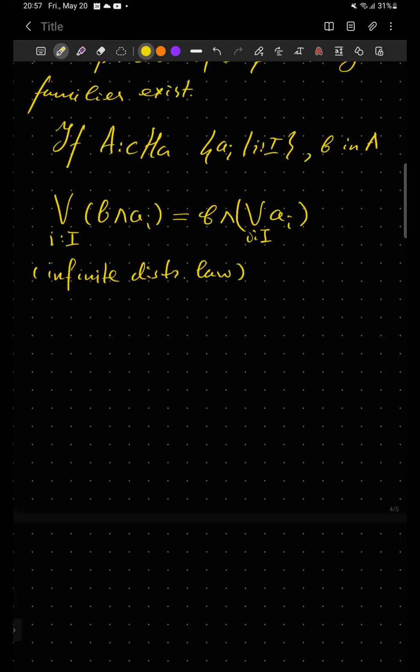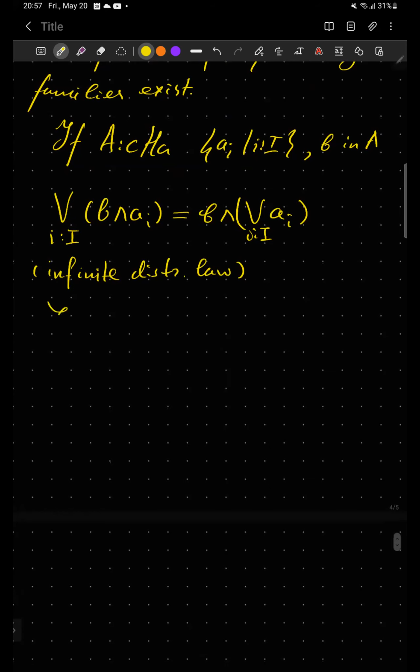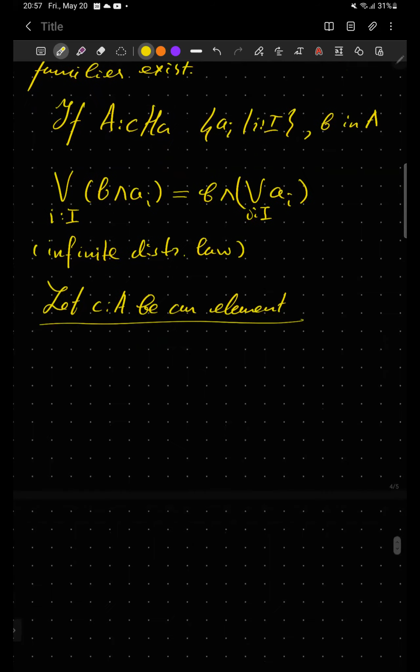So let's pick an element. Let C in A be an element, and then we have the following.